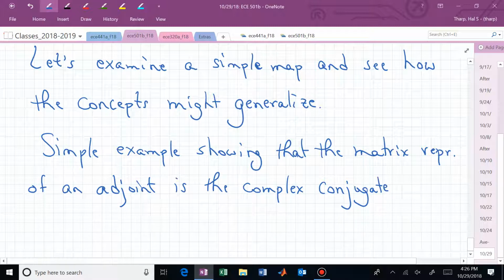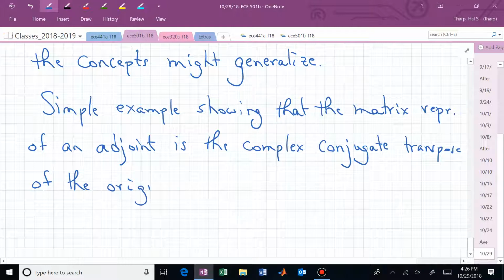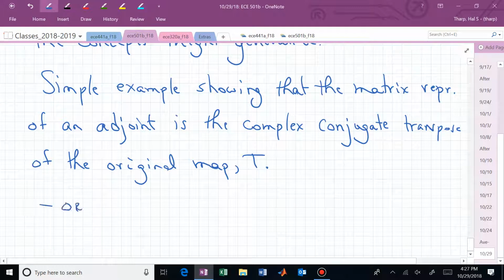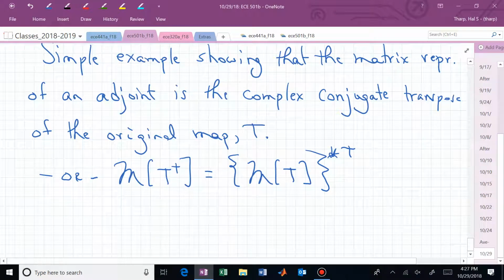The simple example is showing that the matrix representation of an adjoint is the complex conjugate transpose of the original map, let's say T, or the matrix representation of T dagger is now the complex conjugate transpose of the original map's matrix representation.